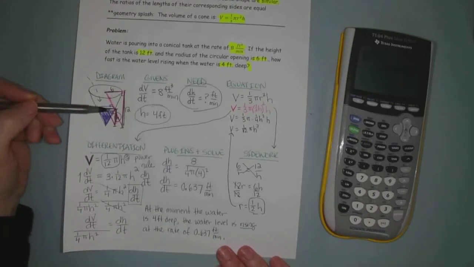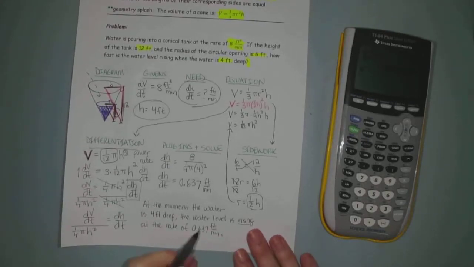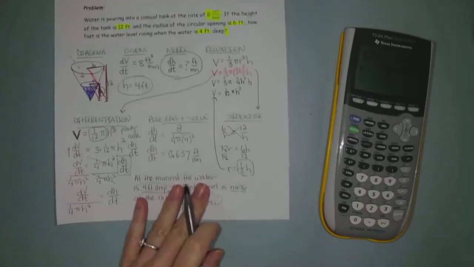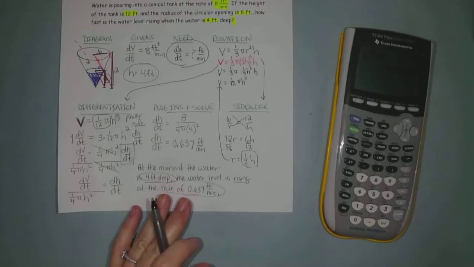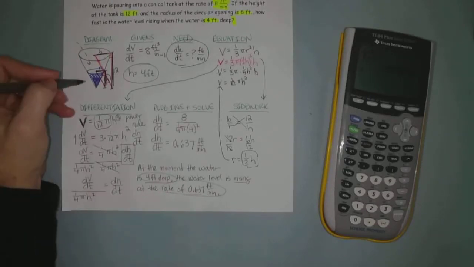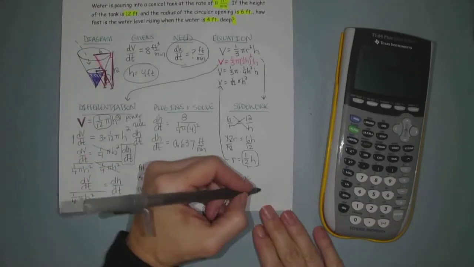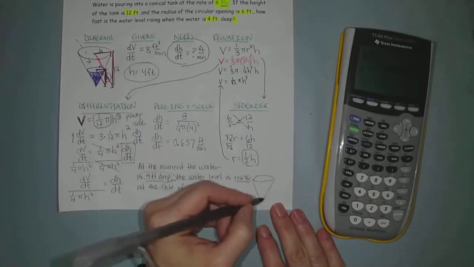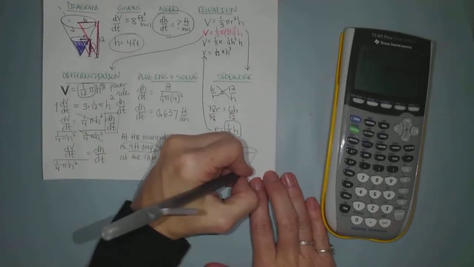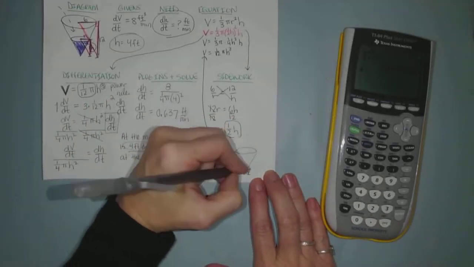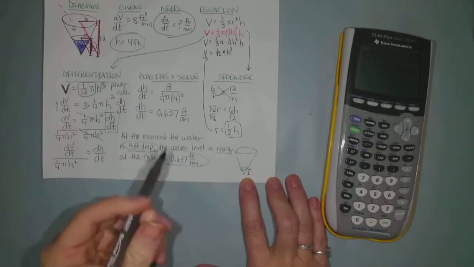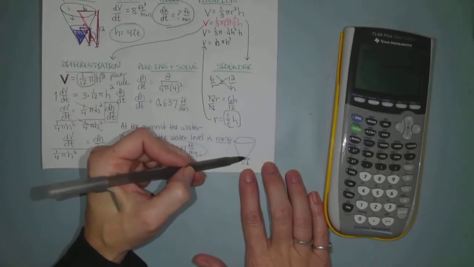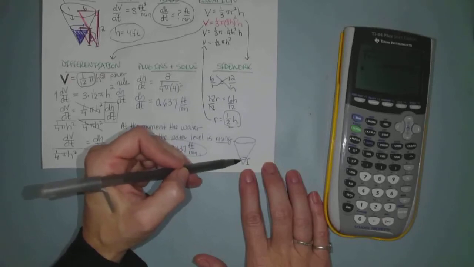And the thing I love about the cone is that it's so clear when you're looking at a cone why the rate depends on the depth. It's a little bit easier to see than in the ladder problem, because with the cone, because of the nature of what a cone looks like, in the beginning, like when the height of the water is very small, the rate at which the height increases will be faster because you're not filling up as much space down here at the tip of the cone.